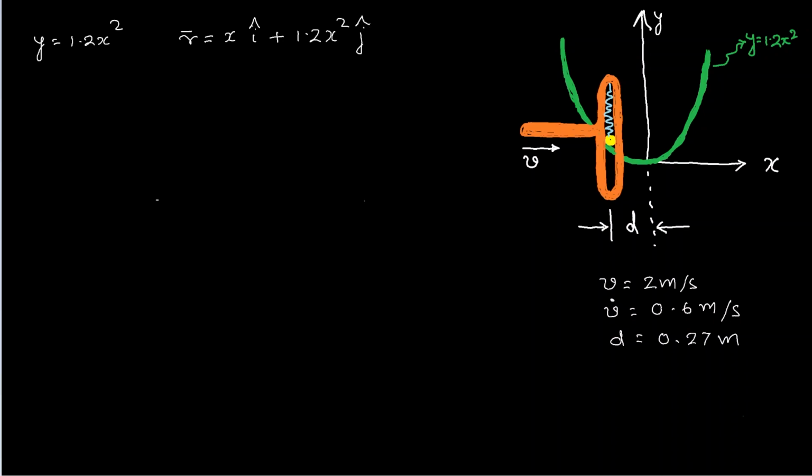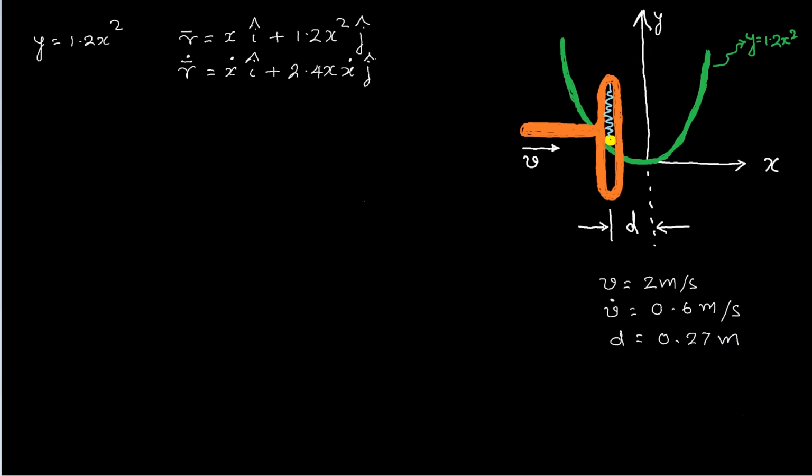Now that could be the position vector, which we can represent like this. Now to get the velocity, we can always differentiate this r with respect to time to get r dot, that will be x dot i plus, if we differentiate with respect to time, 2.4 x times x dot j.